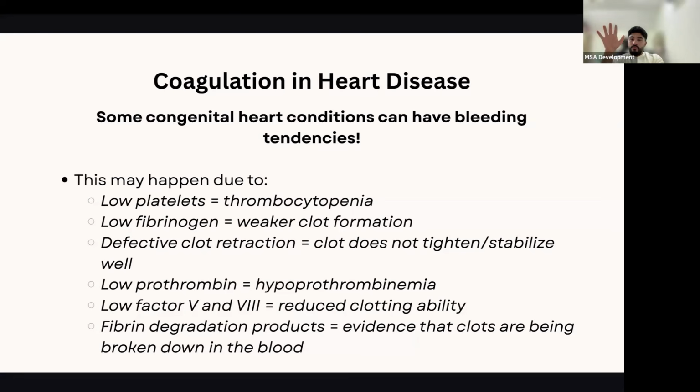They could have low prothrombin. They could have low factors 5 and 8, which will reduce the ability to clot, right? And throughout all of this, you can see fibrin degradation products. Basically, this is the evidence that clots are being broken down in your blood and being formed.